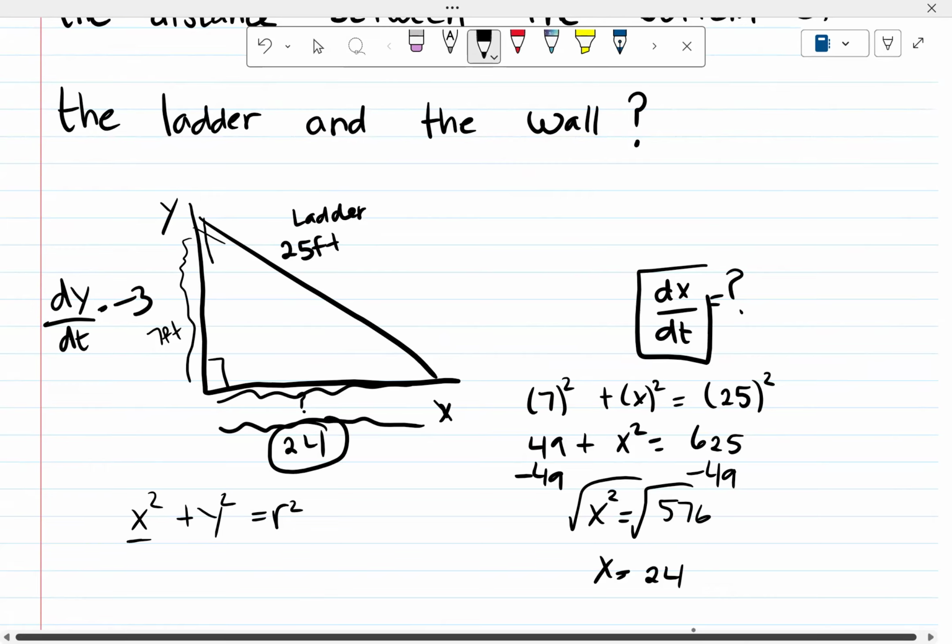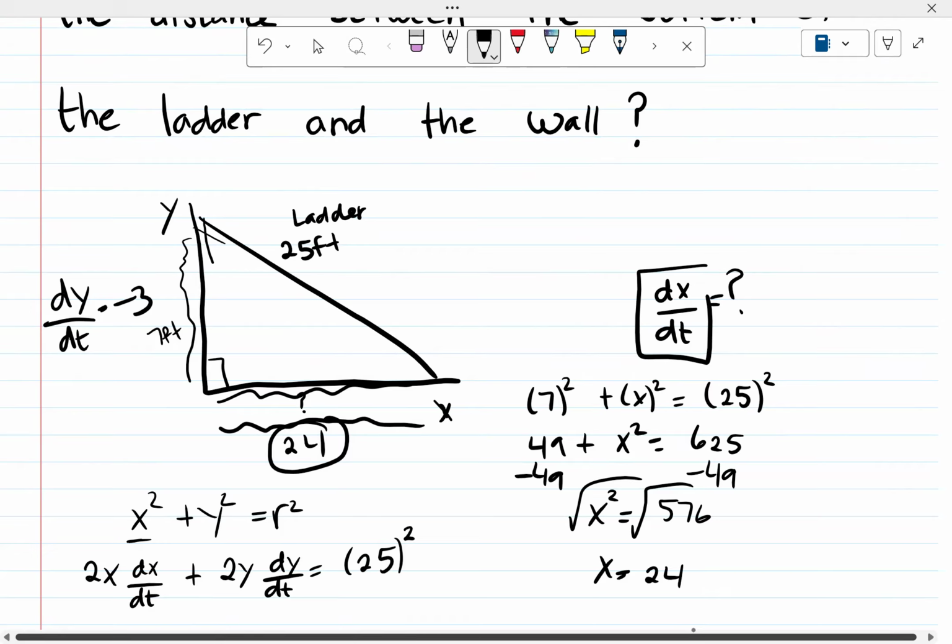The derivative of x squared is 2x times dx dt. And the derivative of y squared is 2y times dy dt. And the radius is a constant, 25 squared.